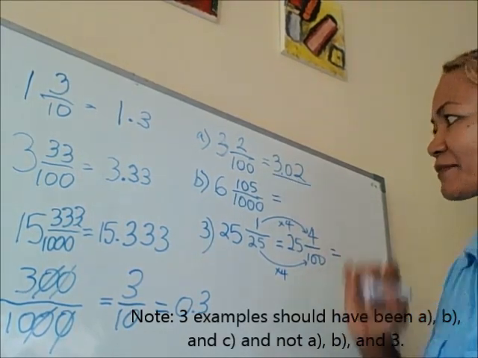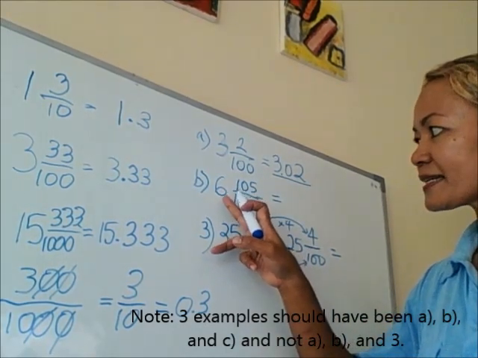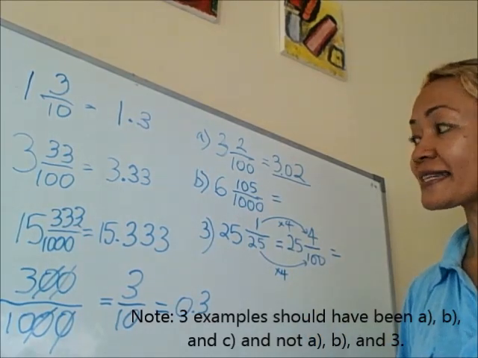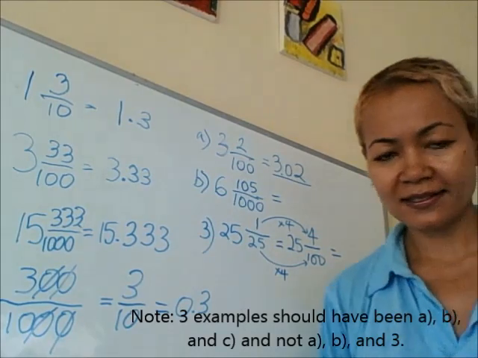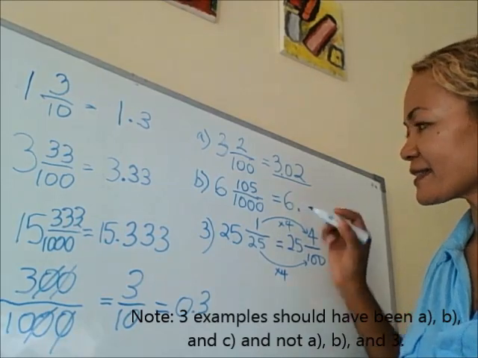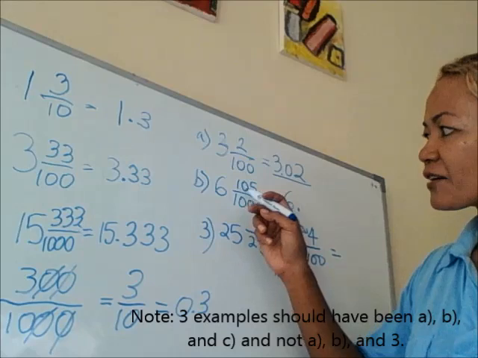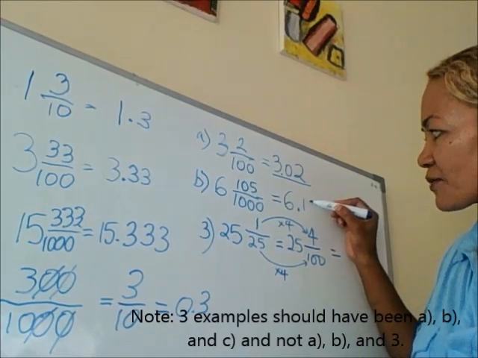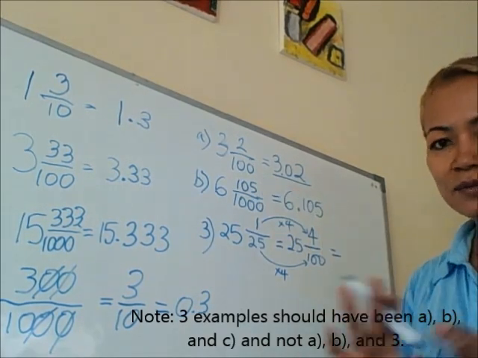So that's the answer. Now, the second example B, 6 and 105 over 1000. In other words, 6 and 105 thousandths. Okay? 6 point, that 6 goes straight over that side. It's fine there. 105 thousandths, so you've got to write into the third column. Right, so you've got 3 numbers on the top, so that's fine.